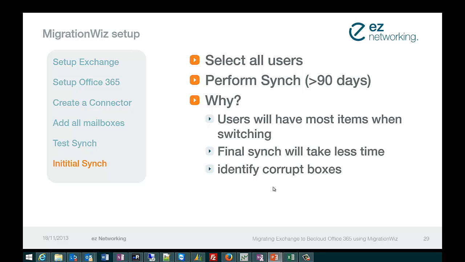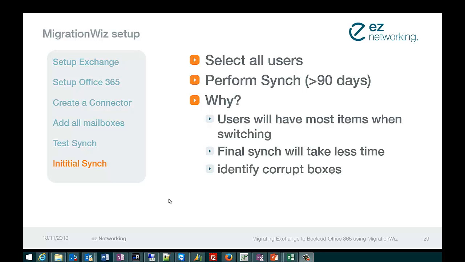Now, the initial sync we're doing so that the final sync will take less time. If in the initial sync 95% of all email, which is all older than 90 days, has already been migrated, then the final sync will only need to migrate the last 90 days of email, all the contacts, the tasks, and the other items in your mailbox.